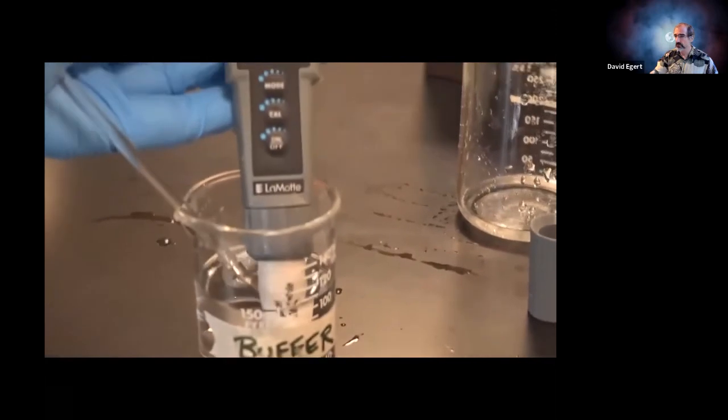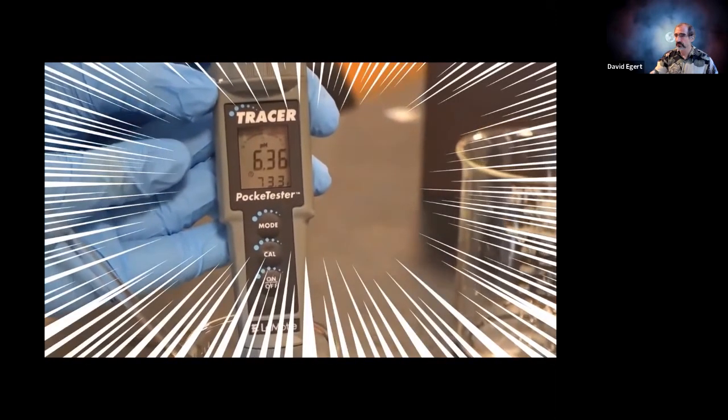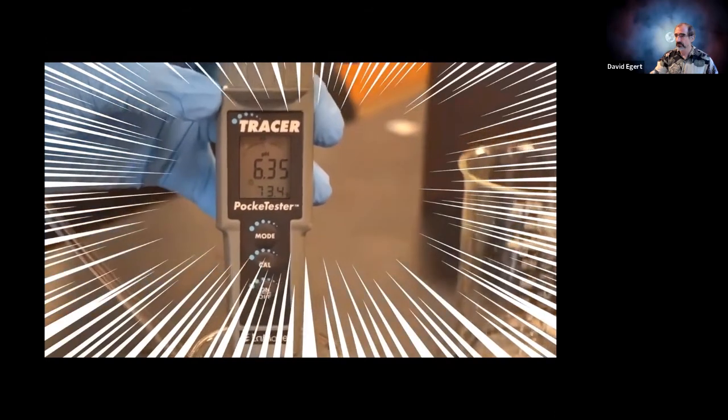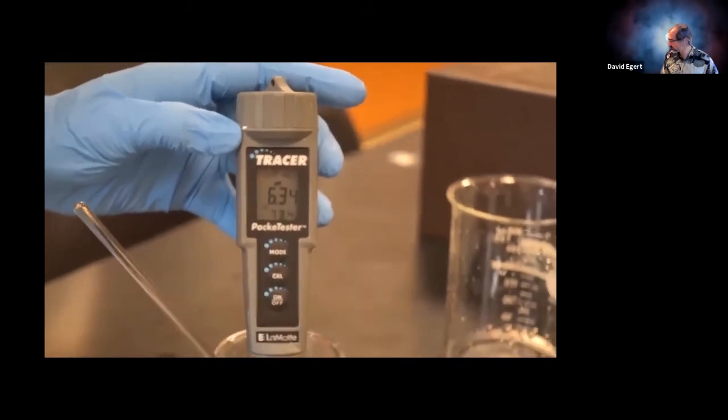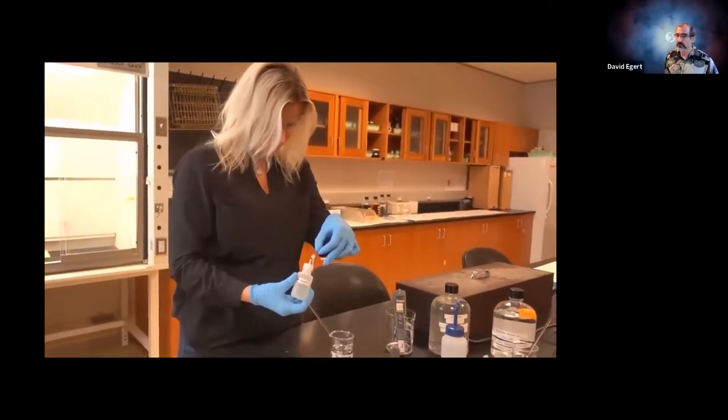And measure. And record. And now we're going to switch and we're going to start adding our sodium hydroxide, our base.